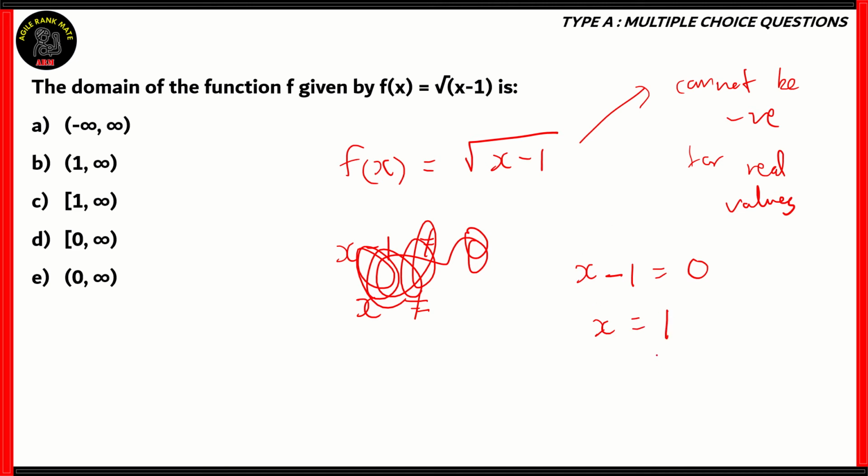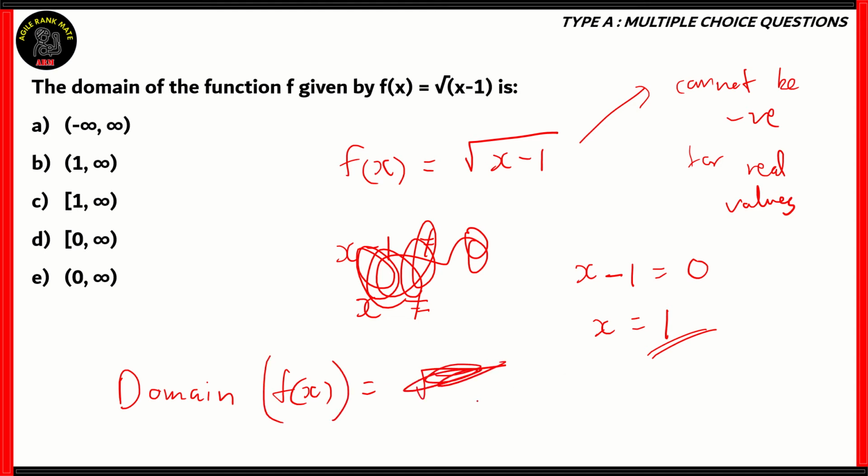So therefore the least value of x that's permissible in this function for a real number is 1, and the maximum value can range up to infinity. So looking at the function, we can determine that the domain of f of x turns out to be open interval 1, closed interval infinity.